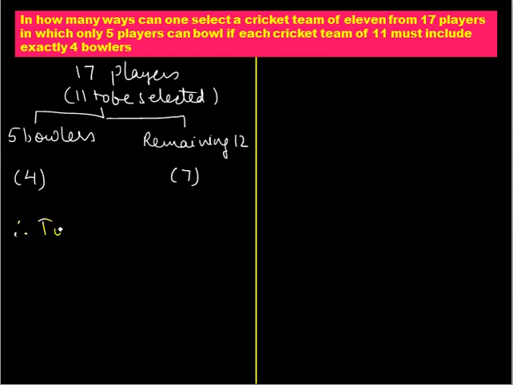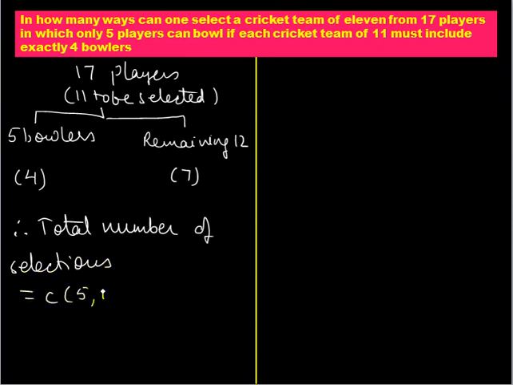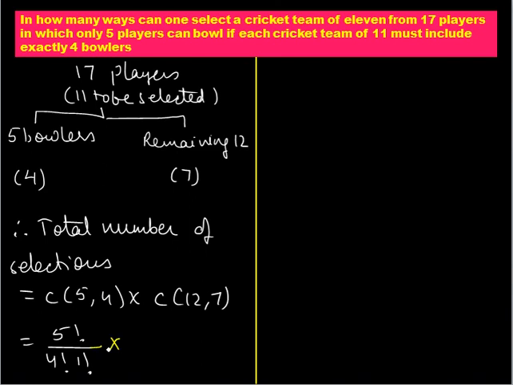So therefore, total number of selections is equal to, let us see how much it reduces to. It will be C 5 comma 4 into C 12 comma 7. That gives us 5 factorial over 4 factorial into 5 minus 4, 1 factorial.